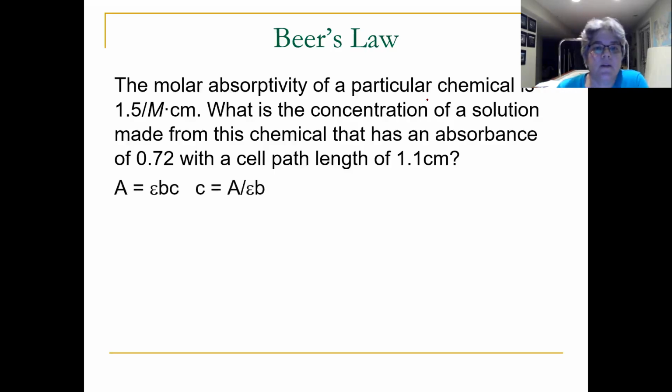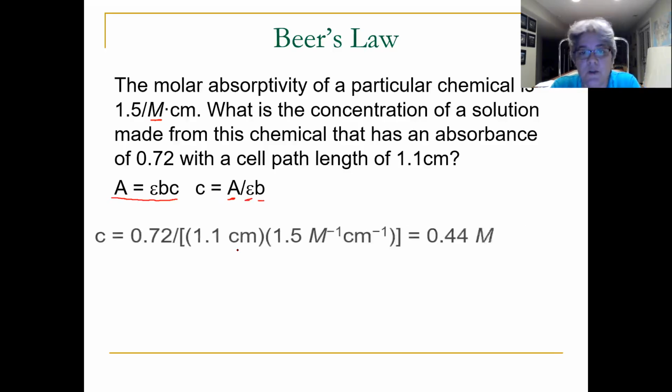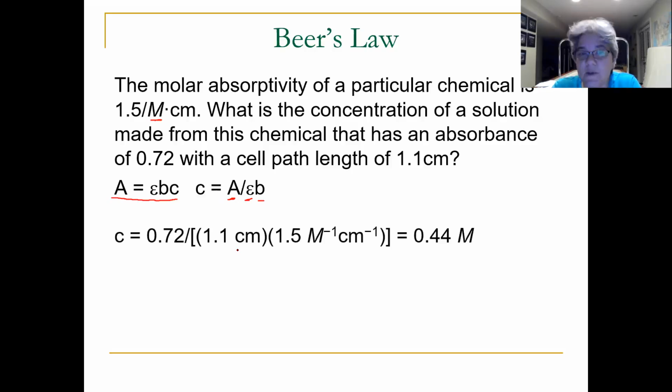Notice the absorptivity is molar, so we're going to use this form of the equation. They have given me the absorbance, the absorptivity, and the path length. So I just need to put all the numbers in and solve it, and I get 0.44 molar.